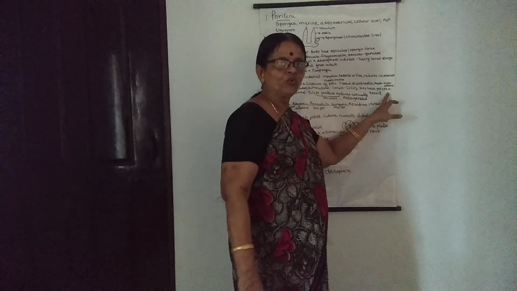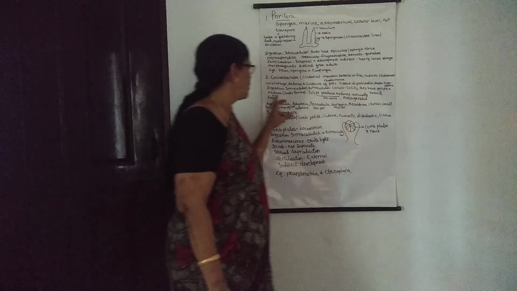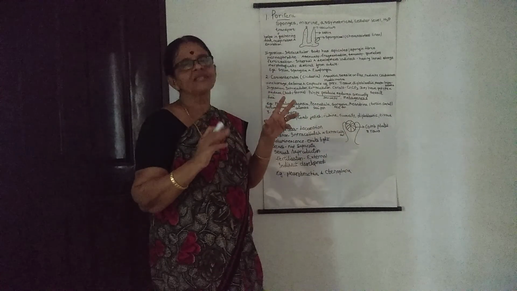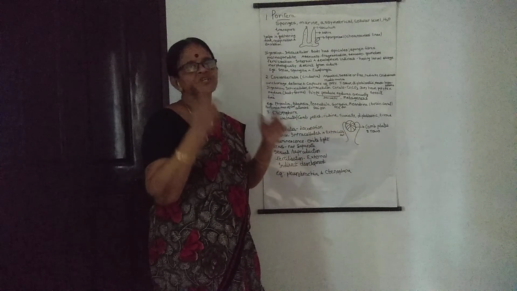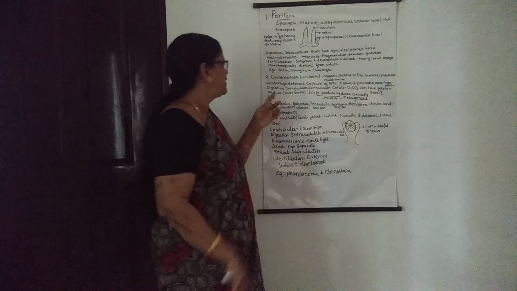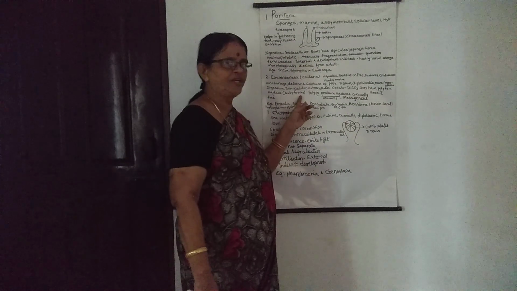Then they have two body forms. One is the polyp, another is called the medusa. So the coelenterates have two body forms.